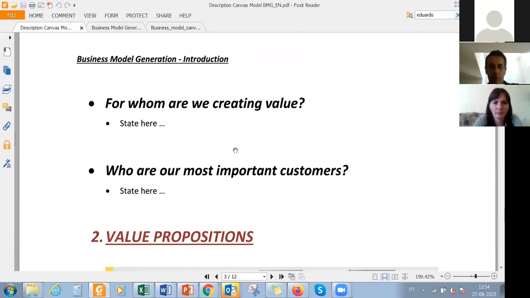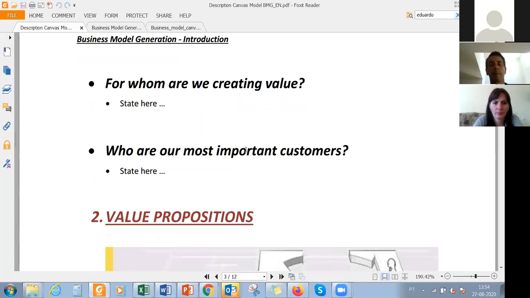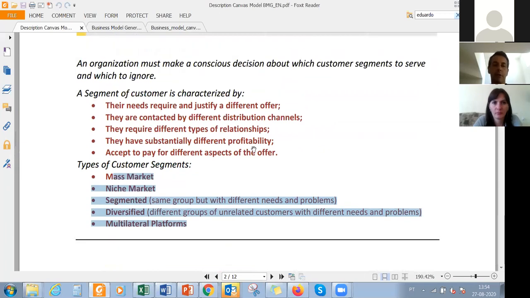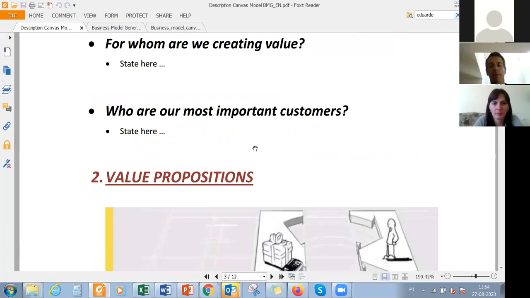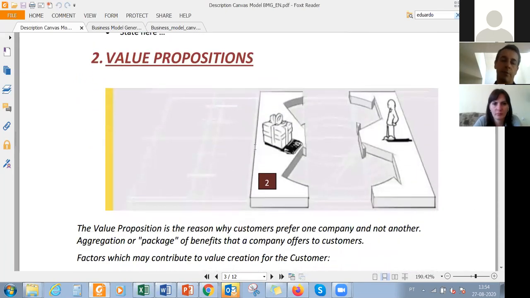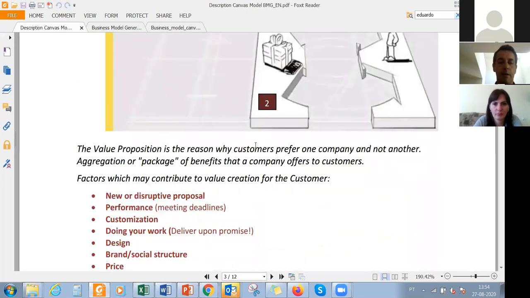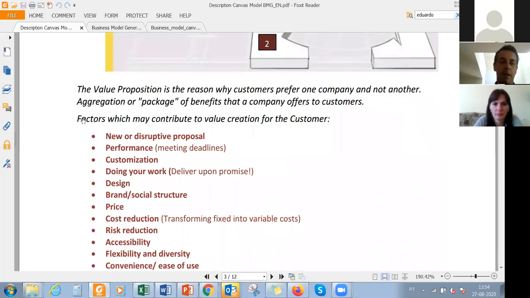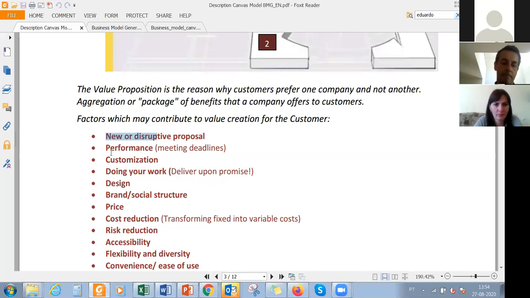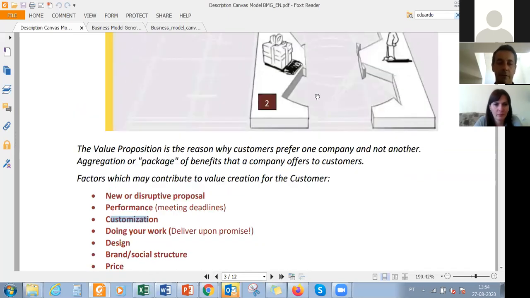So I have to go faster, but this is the approach that you will see across the 9 blocks. Key questions: what is the block, and some examples. So for value propositions, look at some factors, some elements that could be listed as part of a value proposition.